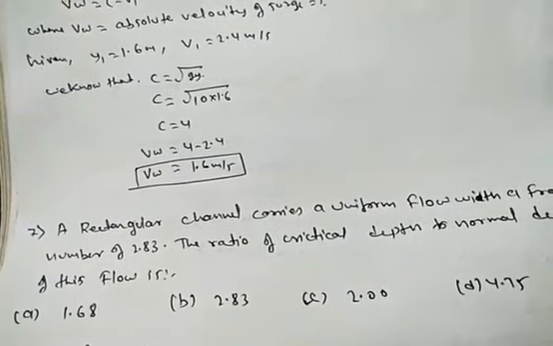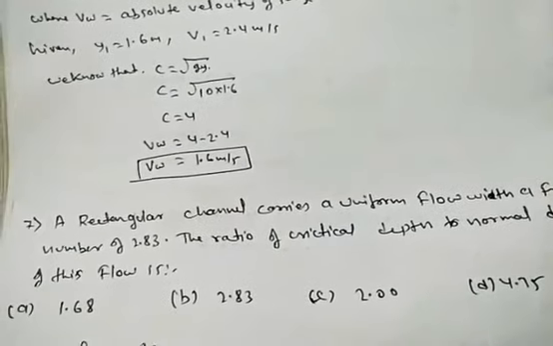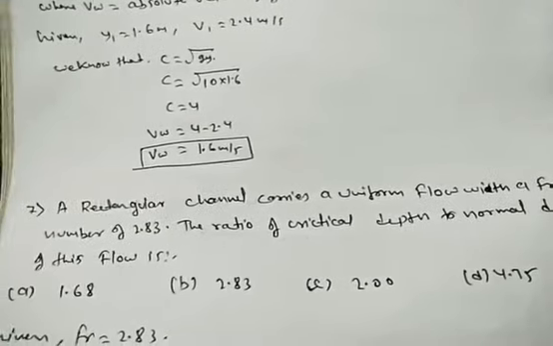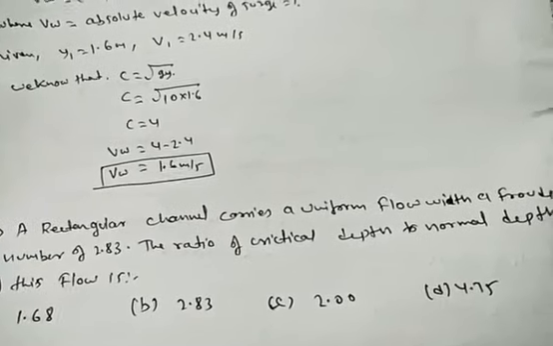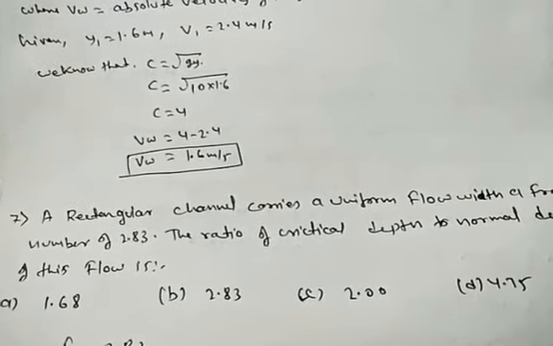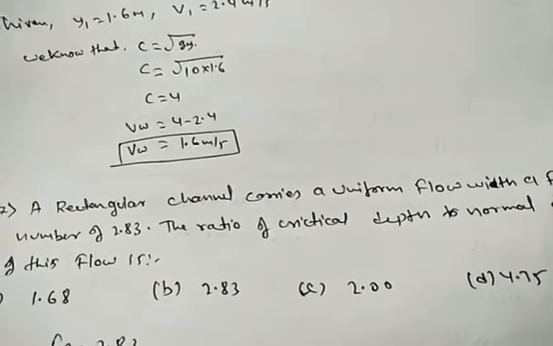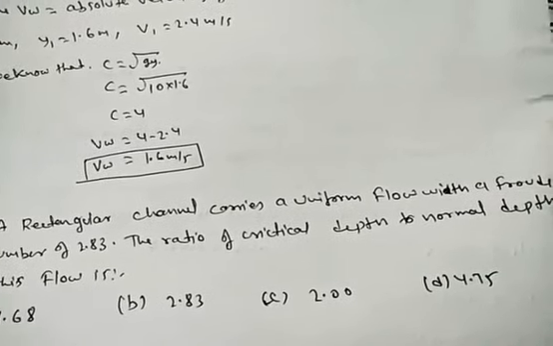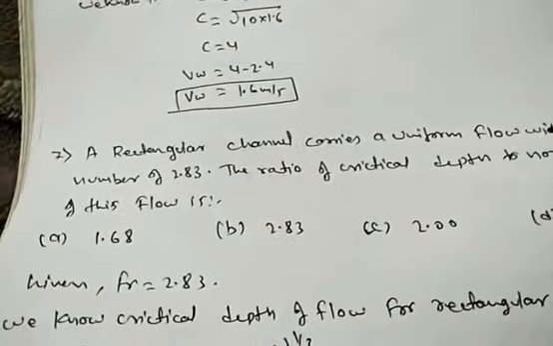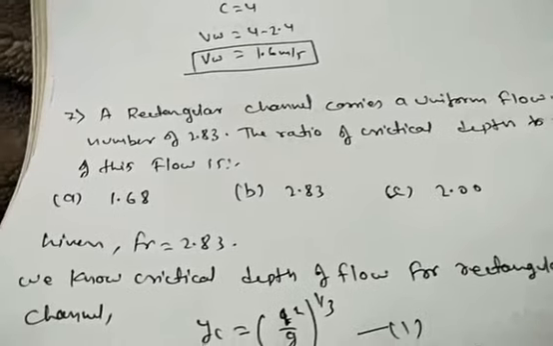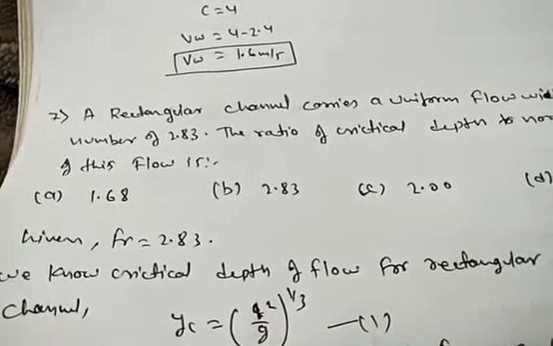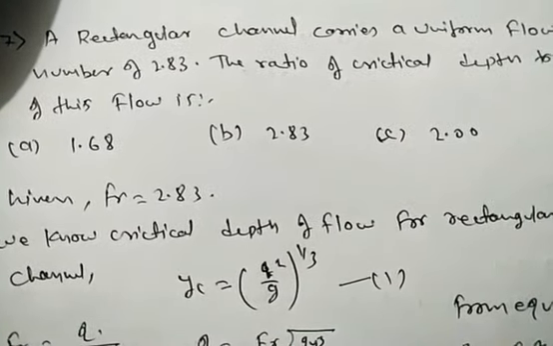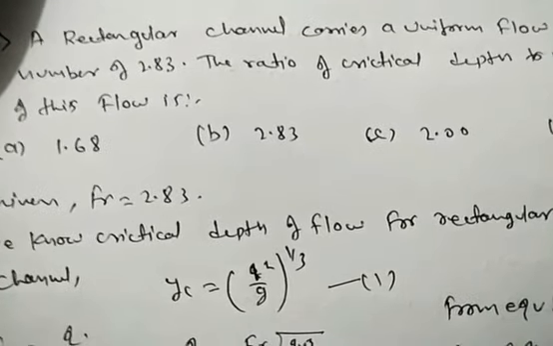A rectangular channel carries a uniform flow with Froude number of 2.83. The ratio of the critical depth to normal depth in this flow is: A 1.68, B 2.8 meter, C 2, and D 4.7 meter. The Froude number equal to 2.83. We note that the critical depth of flow in a rectangular channel, critical depth equal to q square upon g, power 1 by 3.